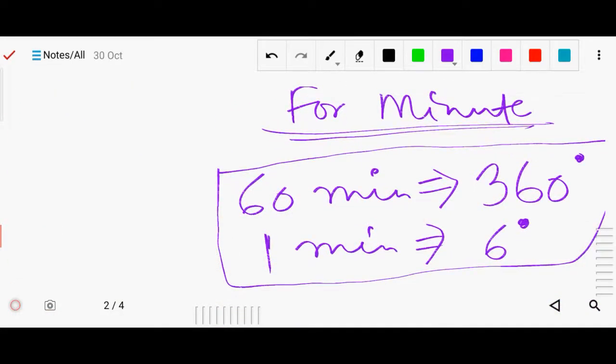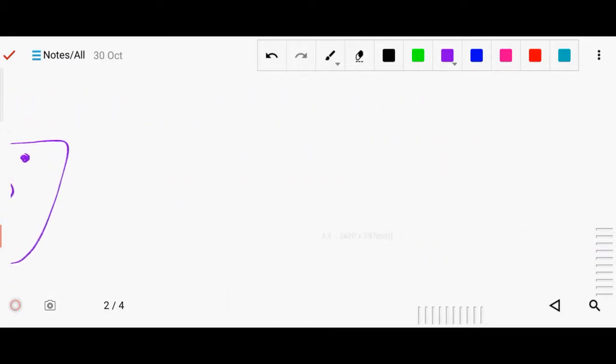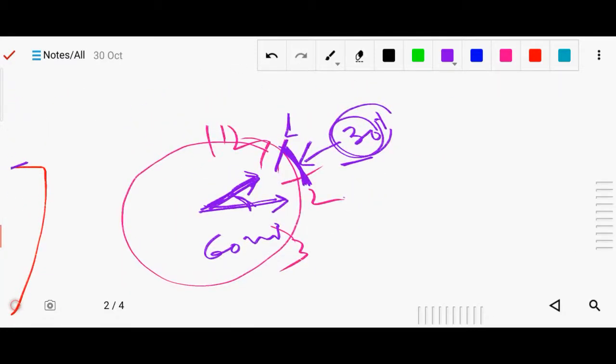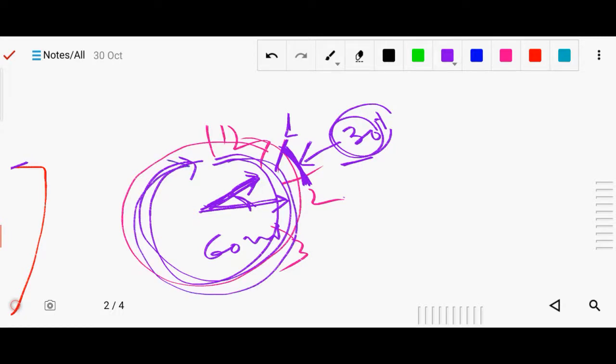For the minute hand, in 60 minutes it goes from here all the way around; in 1 minute it moves from here to here.